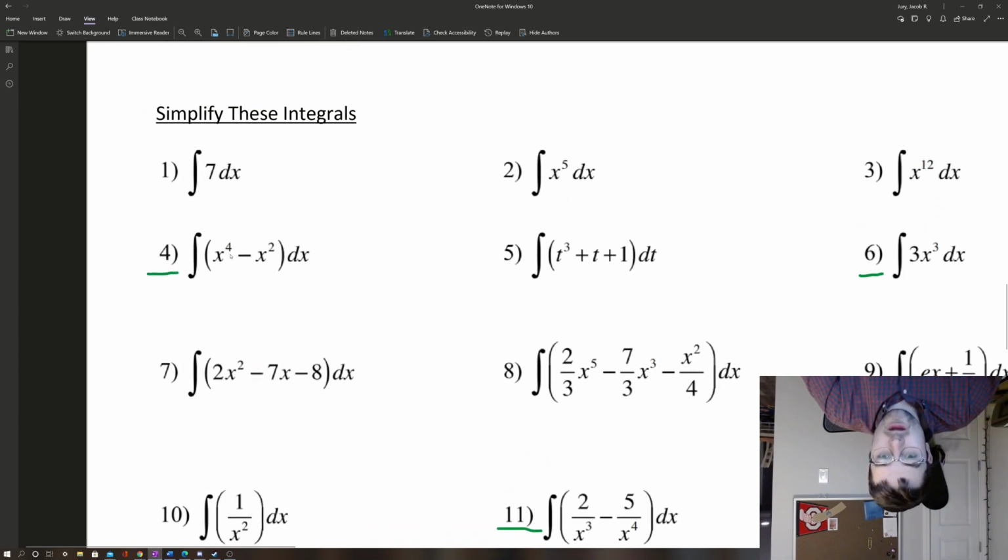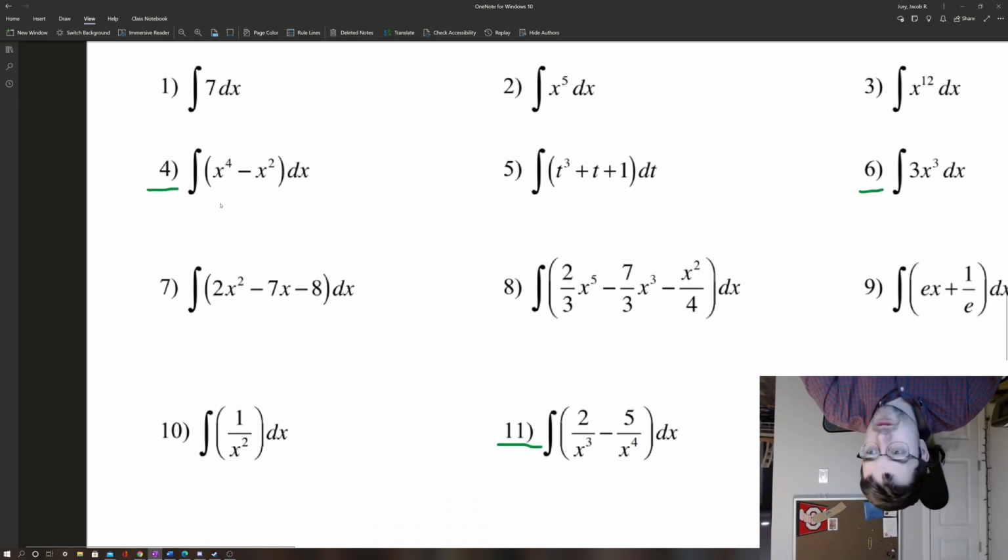So if we want to undo the derivative here, we are going to use the integral rule that we can take the integral of x to the 4th separate from x squared.